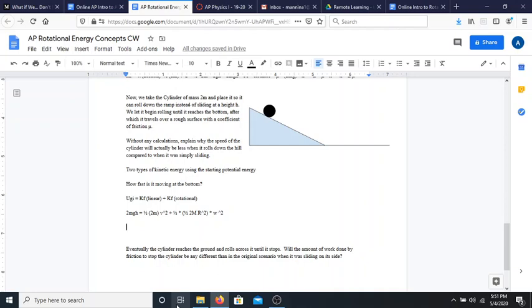Now, if I simplify this real quick, just to make it a little bit easier to see, this is mv squared plus, what I have to do is use a relationship that we have between linear velocity and angular velocity. If you're wondering what I'm doing right now as I'm talking, I'm just simplifying this. So the 1/2 times the 2m simplifies, r squared times omega squared.